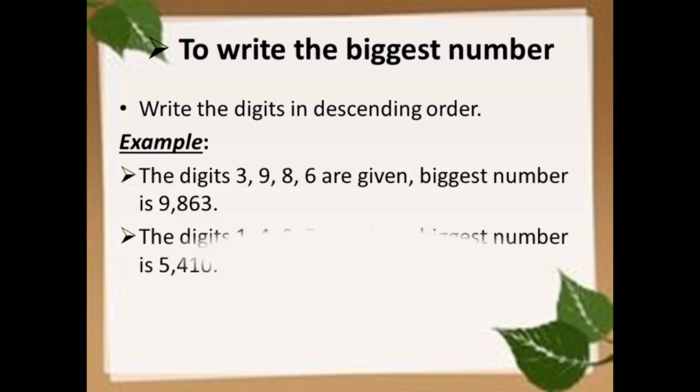And in the second example, if the digits are 1, 4, 0, 5, then on arranging these digits in descending order, we will get 5410 as an answer. Hopefully it is clear to you.